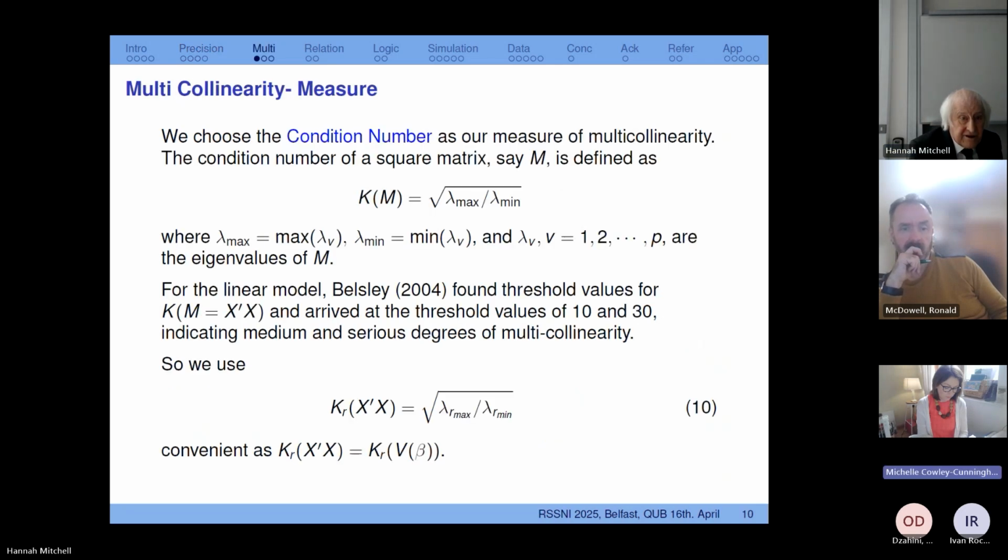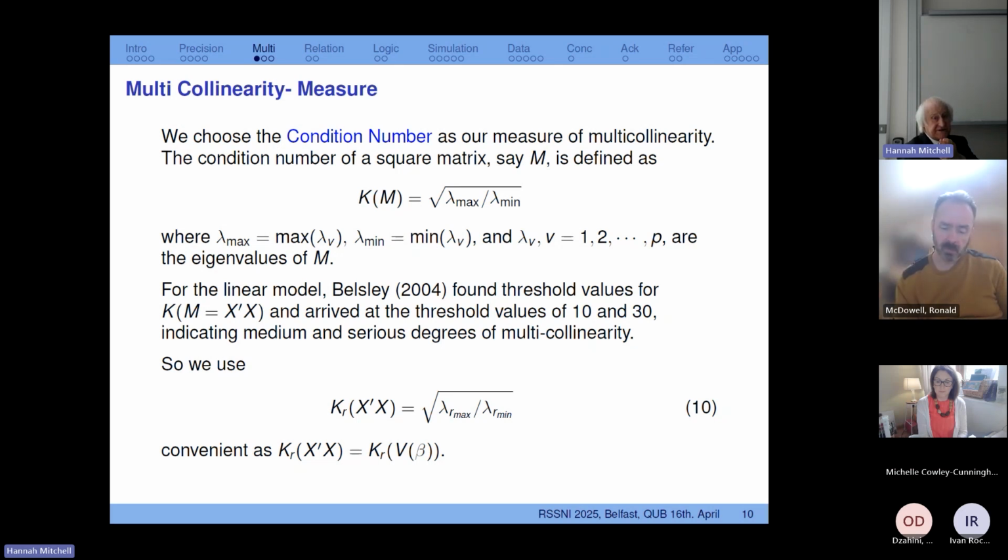Okay. We need now a measure of collinearity. And this is relatively easy because Belsley, way back in 2004, introduced this measure of condition number, where he defined the condition number as K of M, where M was a square matrix. He used X prime X. And we're going to do the same because it's very convenient, because Belsley had these two threshold values indicating medium and serious degrees of multicollinearity.